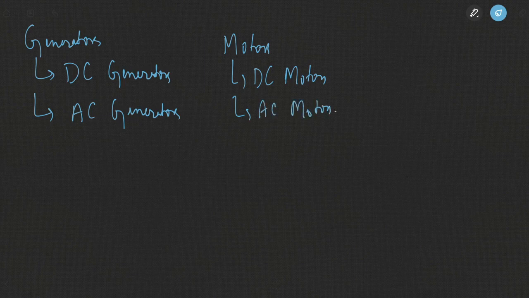In case of DC generators, you are converting the mechanical energy into electrical energy, and this electrical energy will be in the form of a DC voltage supply. In case of AC generators, mechanical energy will be converted to electrical energy, and this electrical energy will be in the form of an AC voltage.